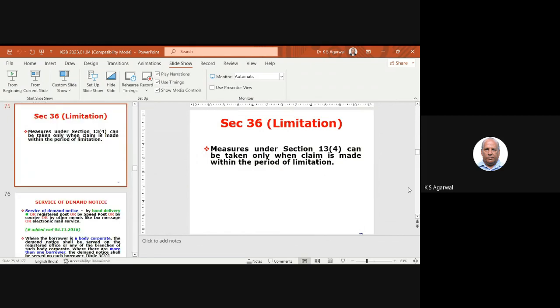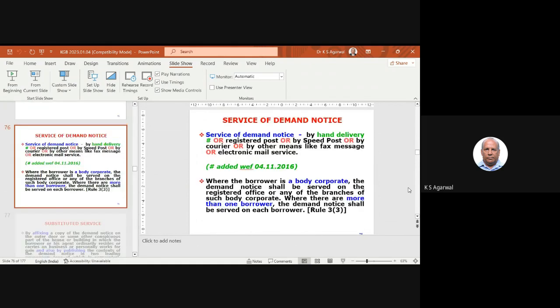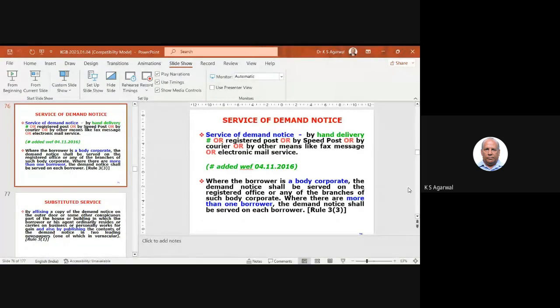So limitation, we have already seen that enforcement action can be taken only when the claim is made within the period of limitation. Now the demand notice is 60 days. This can be served by hand delivery, registered post, speed post, courier, fax, electronic mail, email.